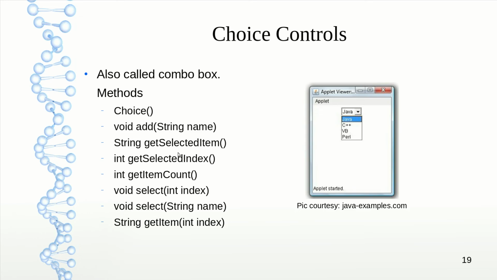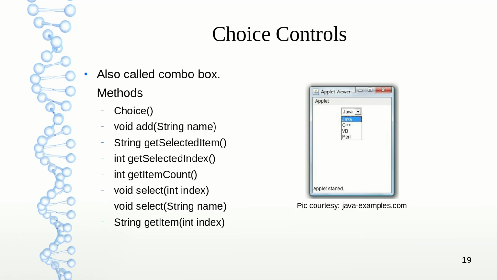Then we have the function getSelectedItem, which retrieves the selected item from the choice control. Similarly, we have getSelectedIndex. Here, instead of retrieving the string itself, we get the index of the string which has been selected. And always remember that the index starts at 0.